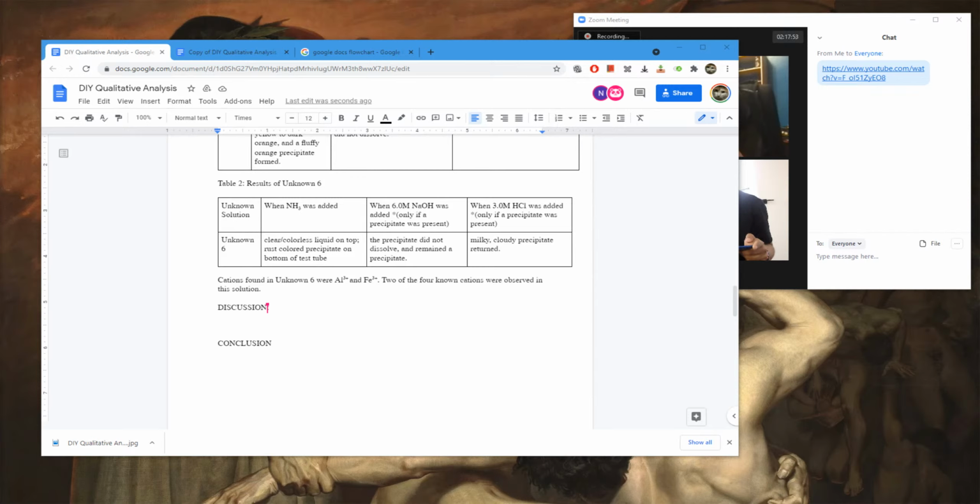So let's see. How to write a lab report? Yeah, I think that's it. Okay. So I sent you that, and I'm sending you this now. So the guidelines. Okay. Here are the guidelines. Sorry, this is not on the subject, but there it is.